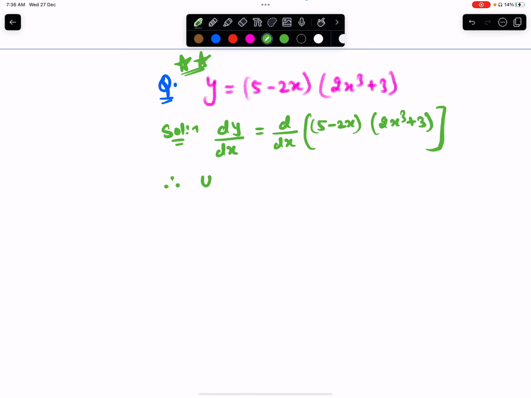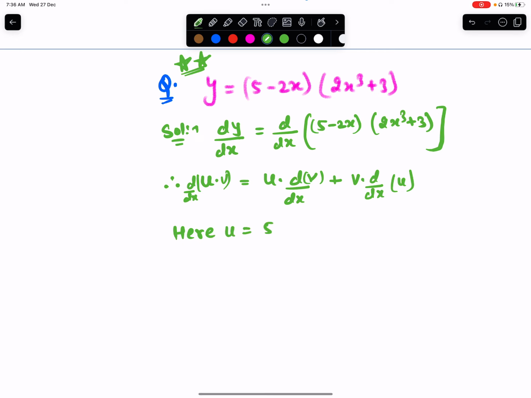Now we apply the property of d/dx of u into v, which is u into d/dx of v plus v into d/dx of u. Here u equals 5 - 2x, v equals 2x cube + 3.